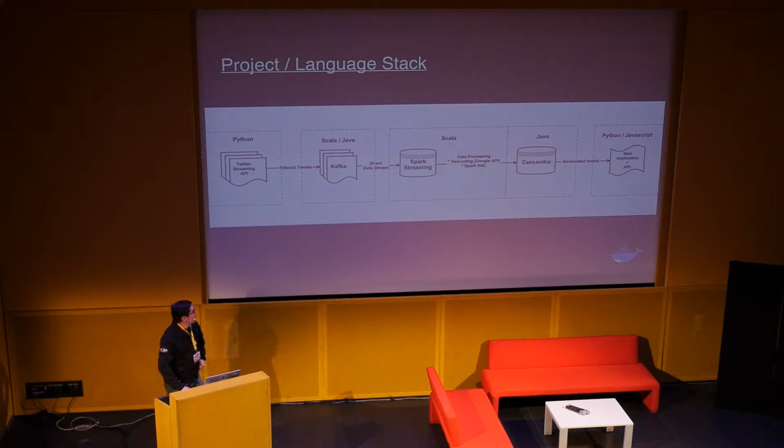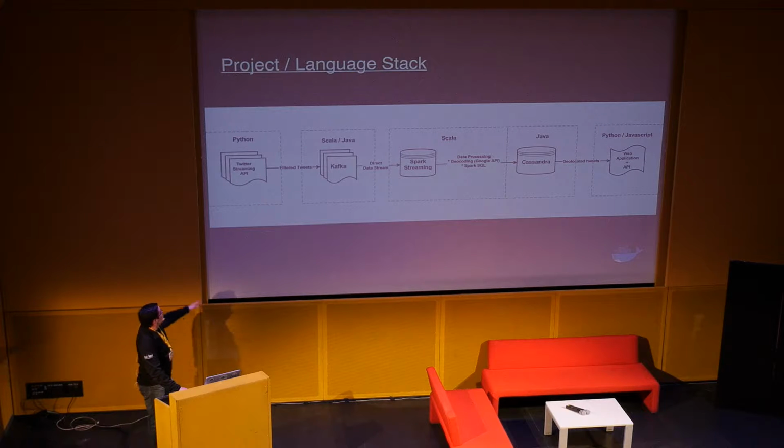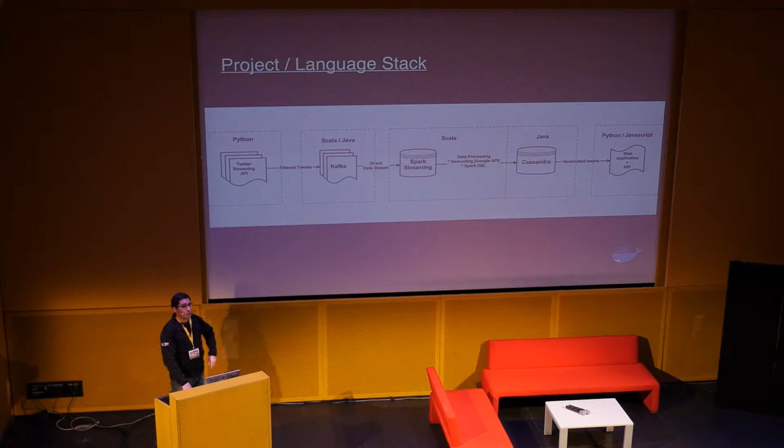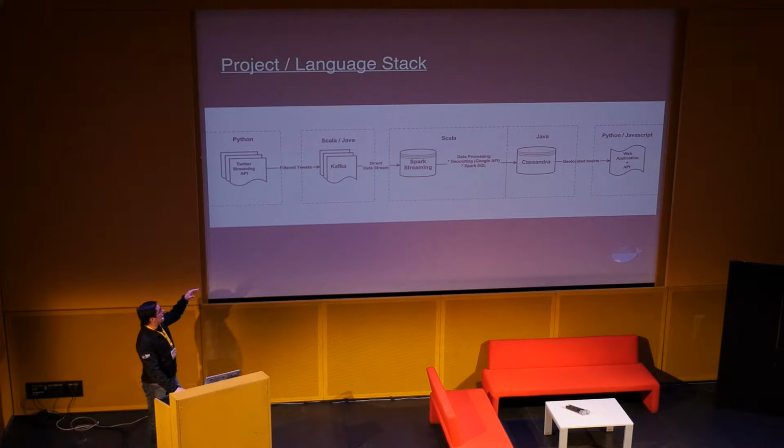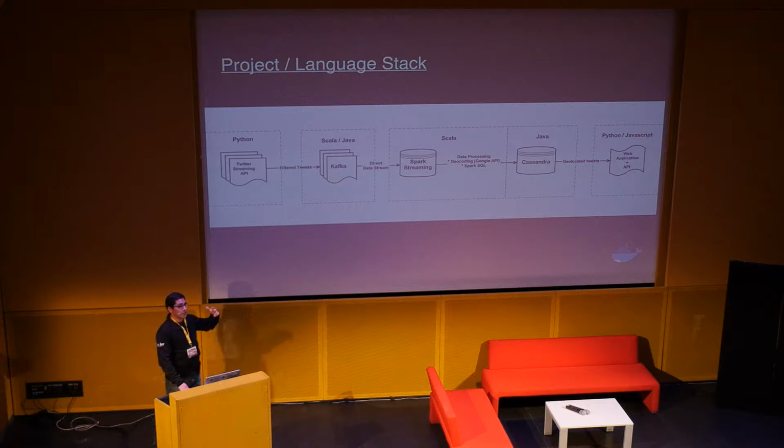So for this project specifically, this is how the language stack is organized. We have a Python application that's talking to the Twitter streaming API, and it's sending data to Kafka, and Kafka is connected directly to Spark Streaming to listen to all this data in real time.